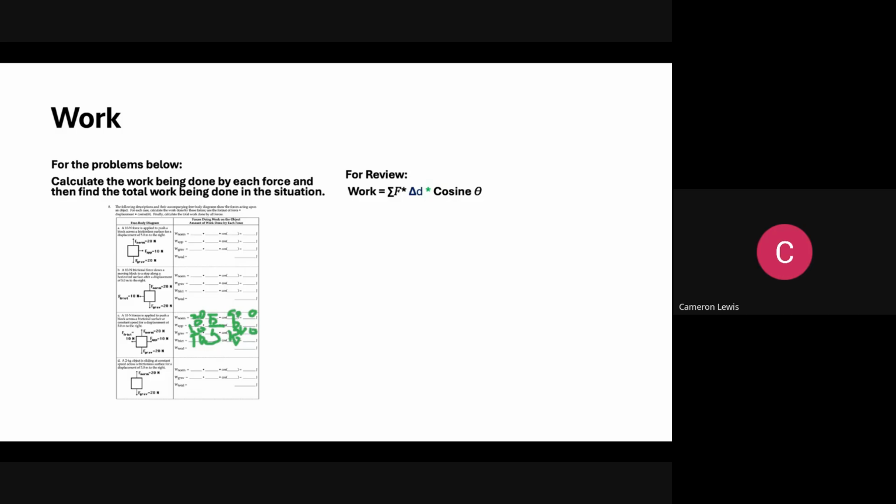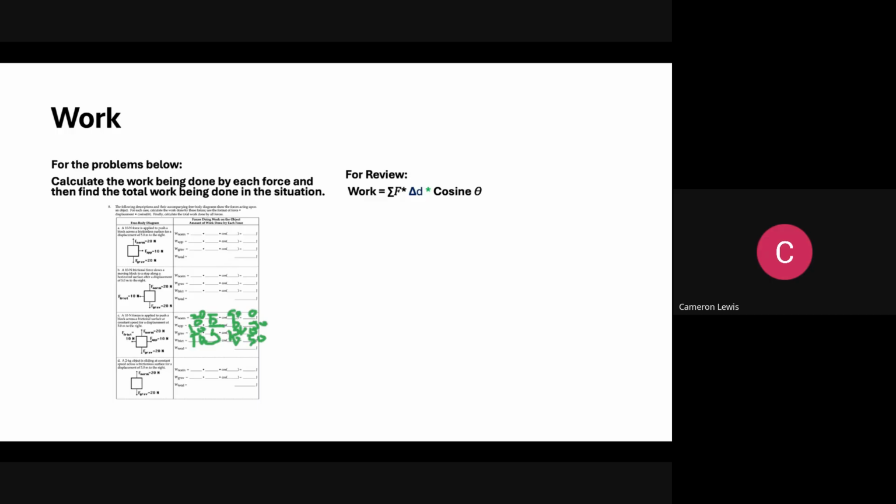So now with these both being 0, the cosine of 0 is just 1, right? So then we could just go ahead and do 10 times 5, which is 50. And 5 times 10, which is 50, right? But what we need to do is see, is it being added or removed from the system, right? So what we're saying is it's being added, right? The force. Somebody putting a force onto an object. When we talk about the applied force, think about it's going to the right. Applying force to push it, right?